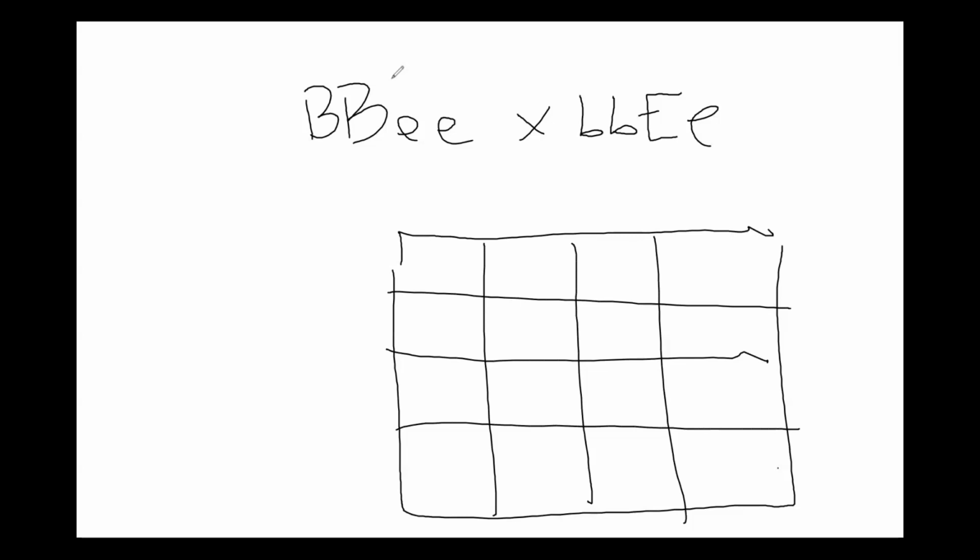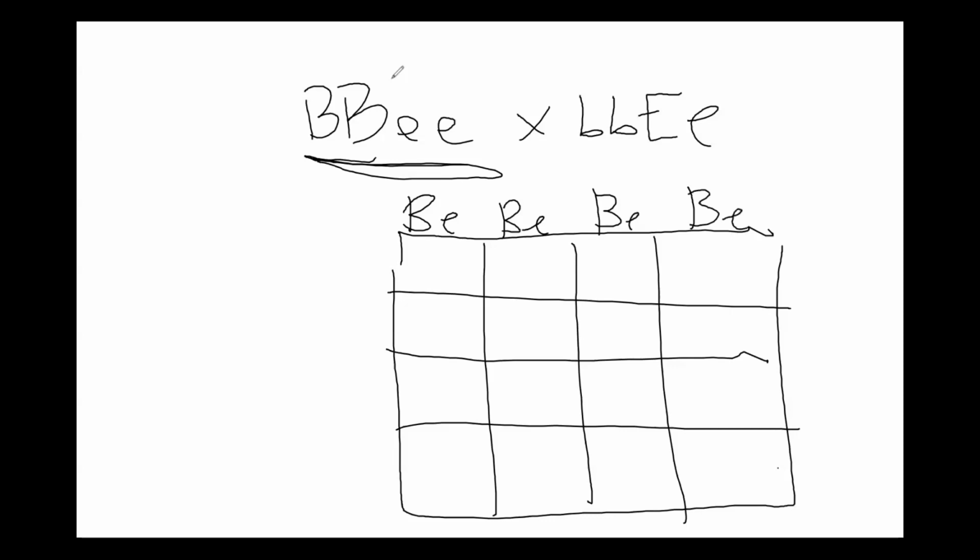Now we need to figure out what are the possible combinations of B's and E's for the dad rabbit. Are there any little b's? Nope. Are there any big E's? Nope. The only possible combination for him is big E, little e. So I'm just going to put that on top.